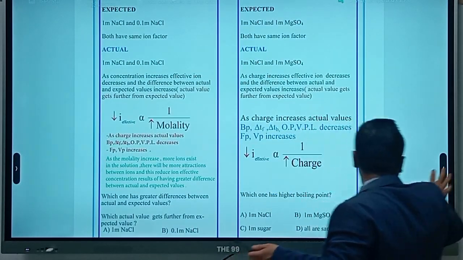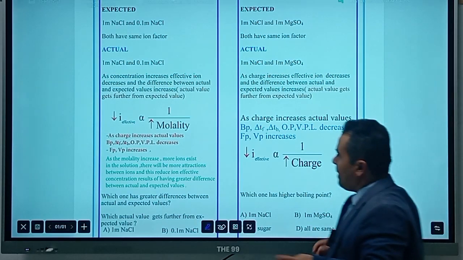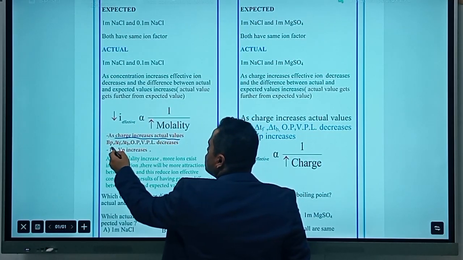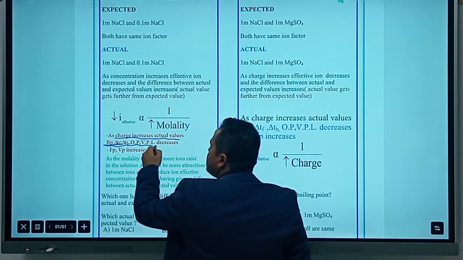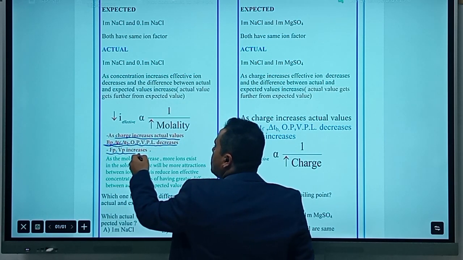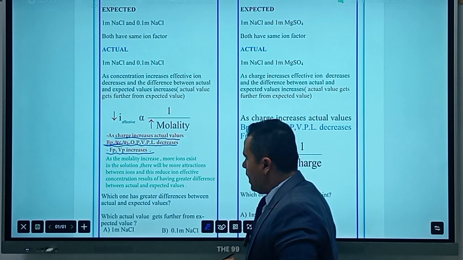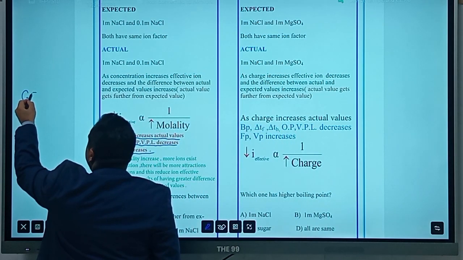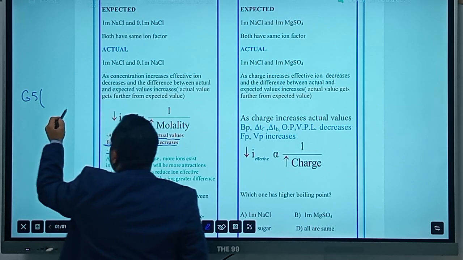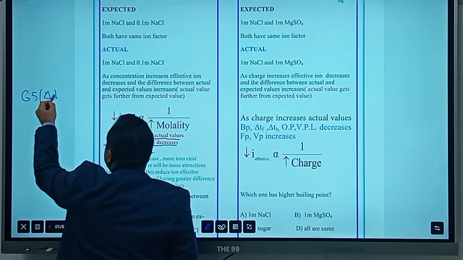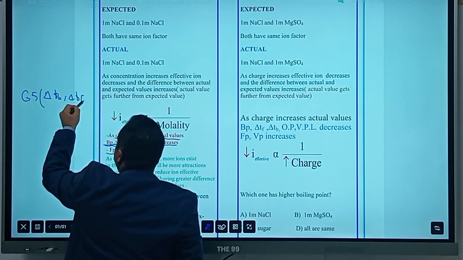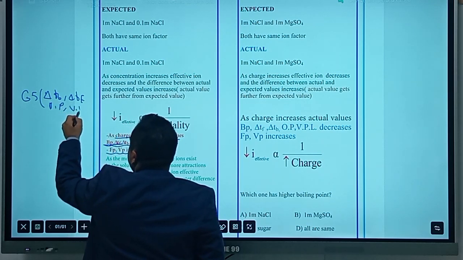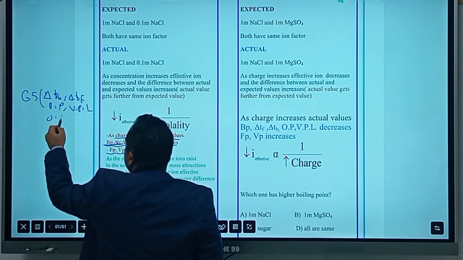Here we have a statement, guys. As charge increases, actual values of group 5 decrease and group 2 increase. Keep in mind that by group 5 we mean delta TB, delta TF, boiling point, vapor pressure lowering, and osmotic pressure.